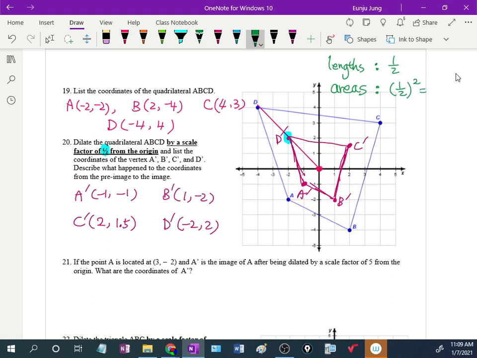So what is the number? Area gets 4 times smaller, okay? 1/4 smaller. Does it make sense? So think about the area formula, length times width. That's why we have a square as a power here. Area gets 4 times smaller.